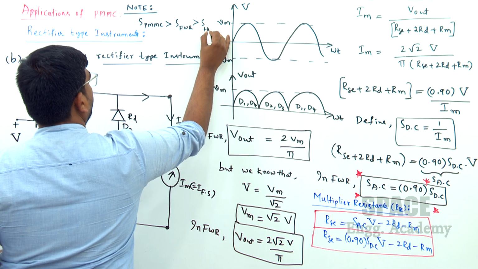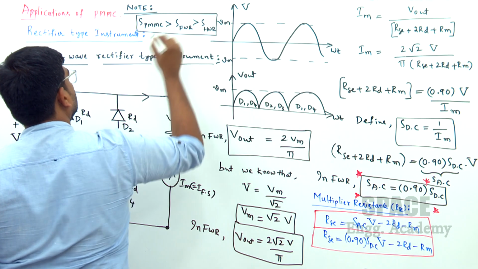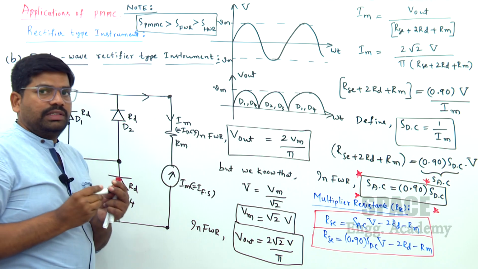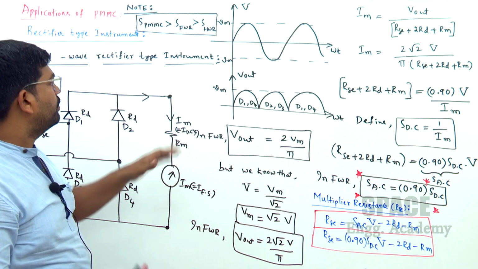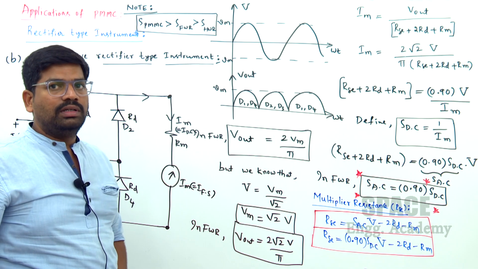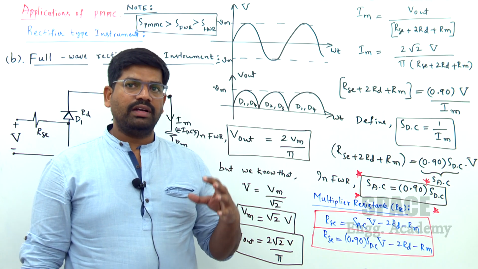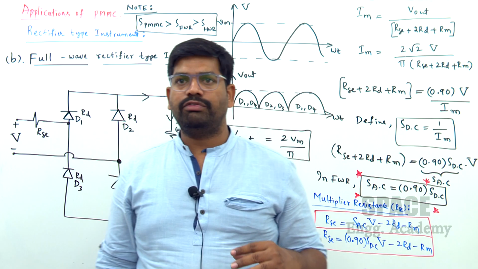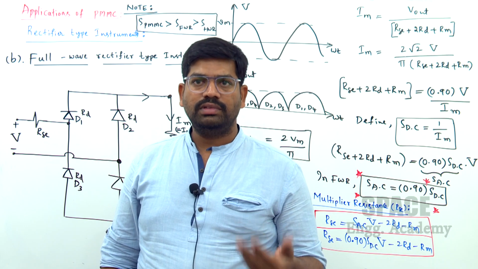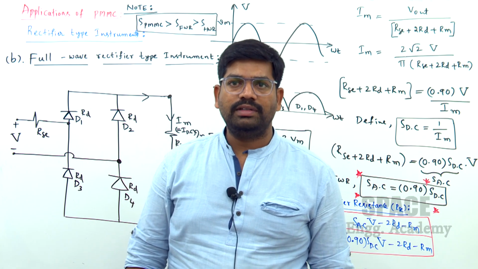Sensitivity in half wave rectifier type instrument is only 45%. So in this way also you can say that, because sensitivity DC is nothing but our PMMC meter only. Got the point? So these are the expressions we should recognize here. Wherever DC deflection is there, we follow with that, right? Understood? Next we will move on to some numericals related to rectifier type instruments.